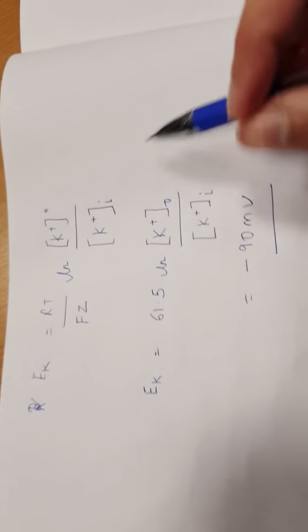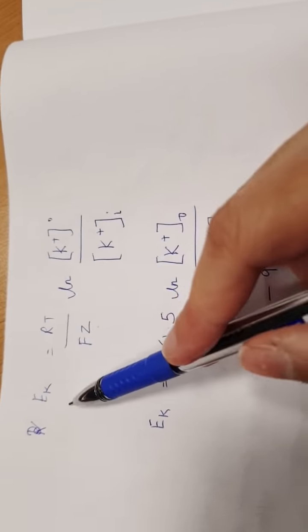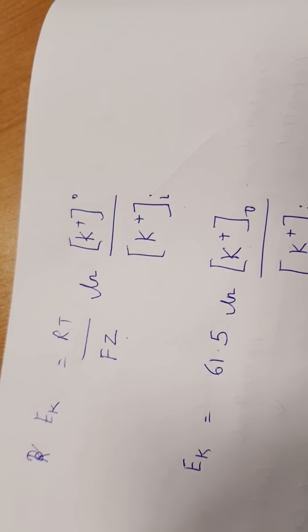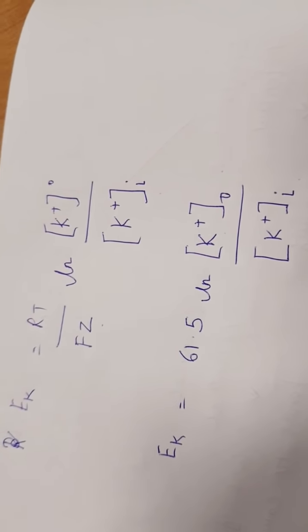So once again, this is the equation. Ek is the equilibrium potential of potassium. R is the gas constant, which is 8.3. T is the absolute temperature, which is 300 Kelvin. F is the Faraday, which is 96,500 coulomb, and Z is the valency, which is 1 here. The concentration outside is 4 and inside is 155.